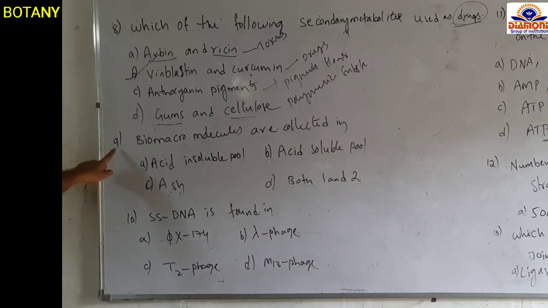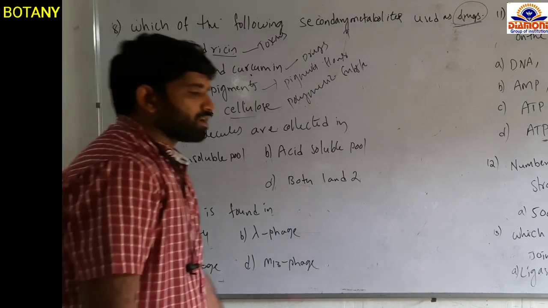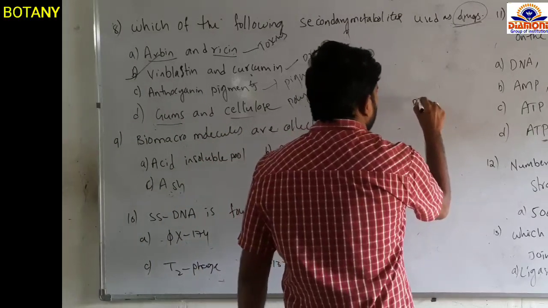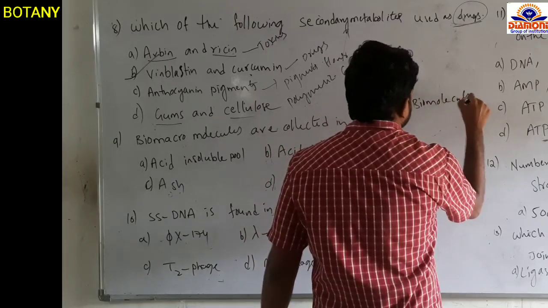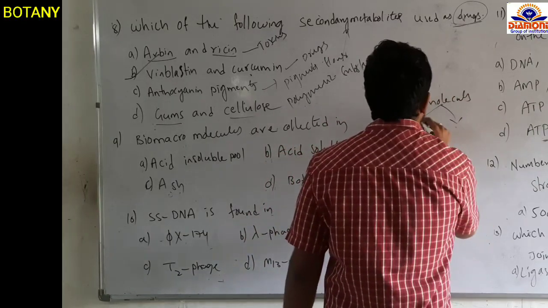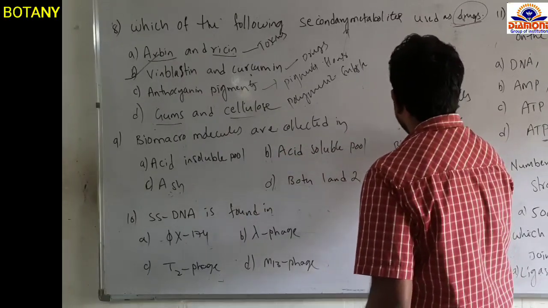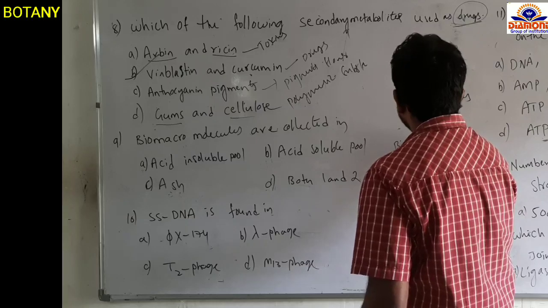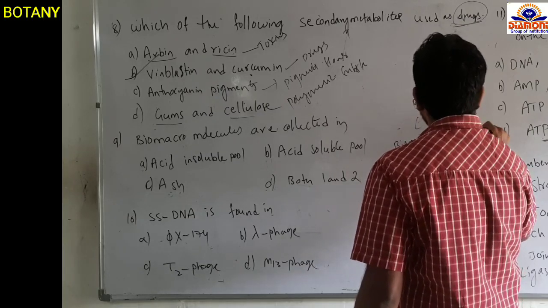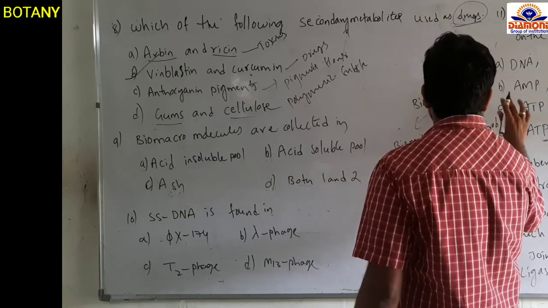And next, ninth question, biomacromolecules are collected in. So biomolecules are classified into two types based upon size: biomicromolecules and biomacromolecules.